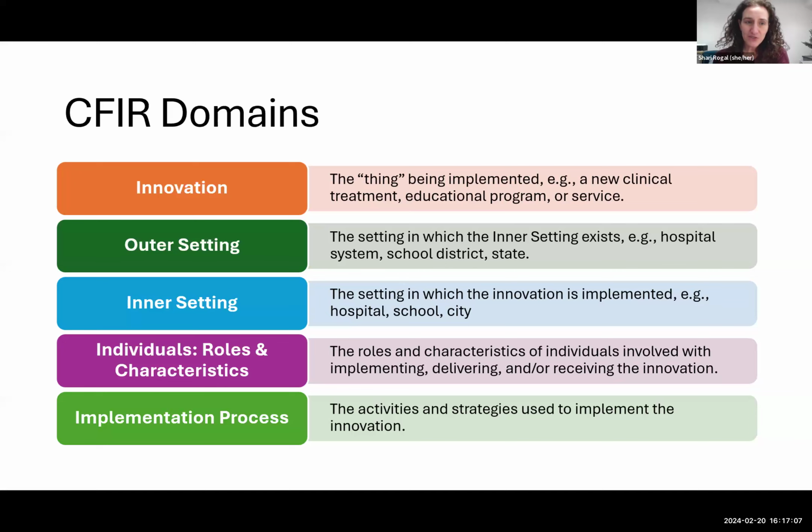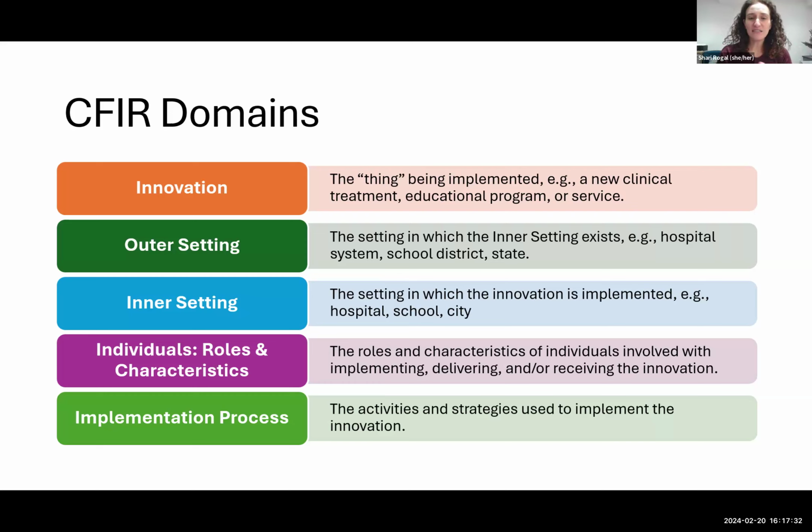And then the individuals domain has been divided into two subdomains, roles and characteristics. And the biggest change, I would say, in CFIR has been moving all of the people into this category. So it used to be that patients were in the outer setting, and champions were part of the implementation process, but that was confusing and also probably not really taking into account the realities and all the ways that it could be.